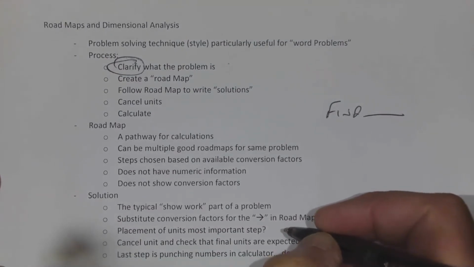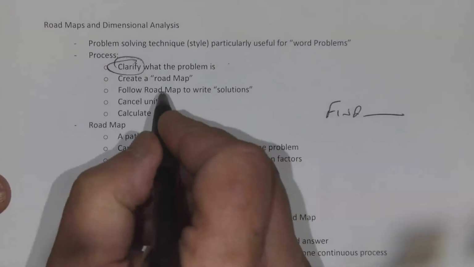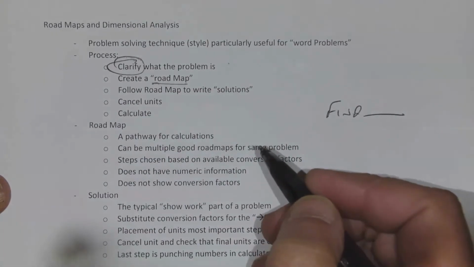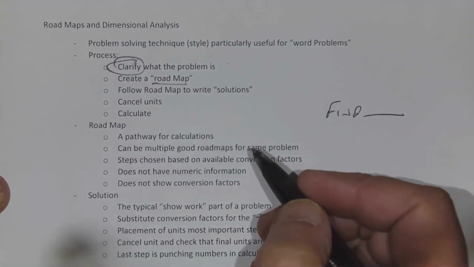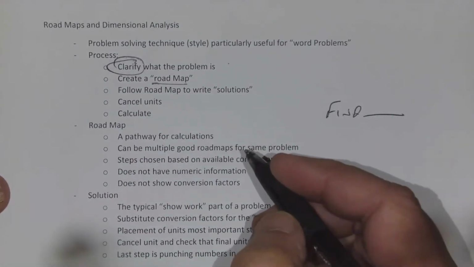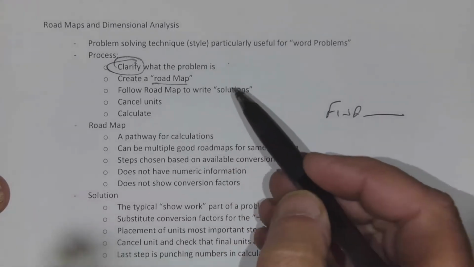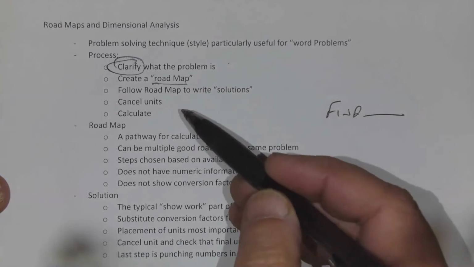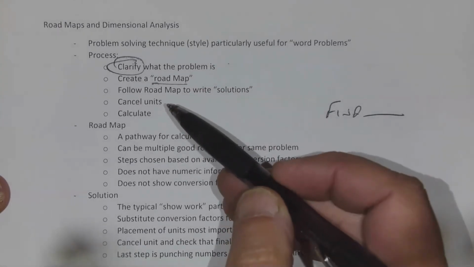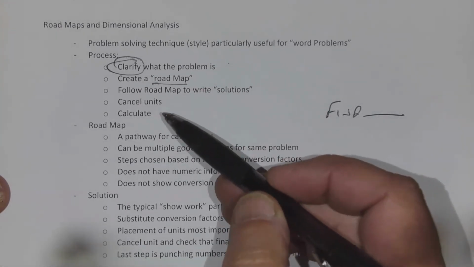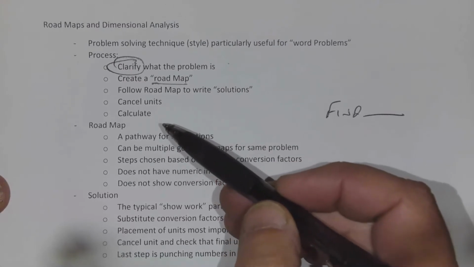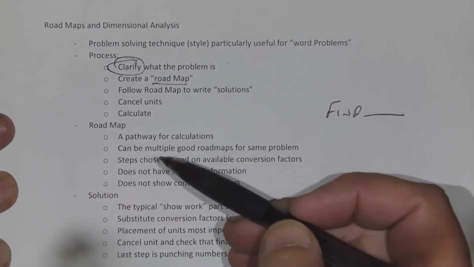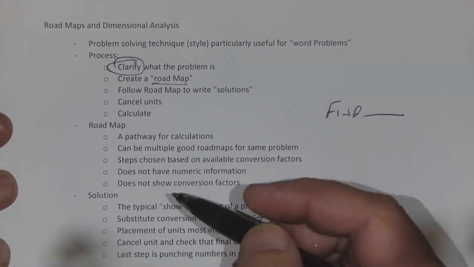Once you've identified what the question is asking, then this roadmap thing is the important part, and that's your strategy of how you're going to do the calculations. From the roadmap, you'll write out a solution, describe that a little more down here, and then we do the calculations, and that process would be both making sure the units work, so canceling units, but also doing the mechanical calculation, either in your head or on your fingers or with a calculator.